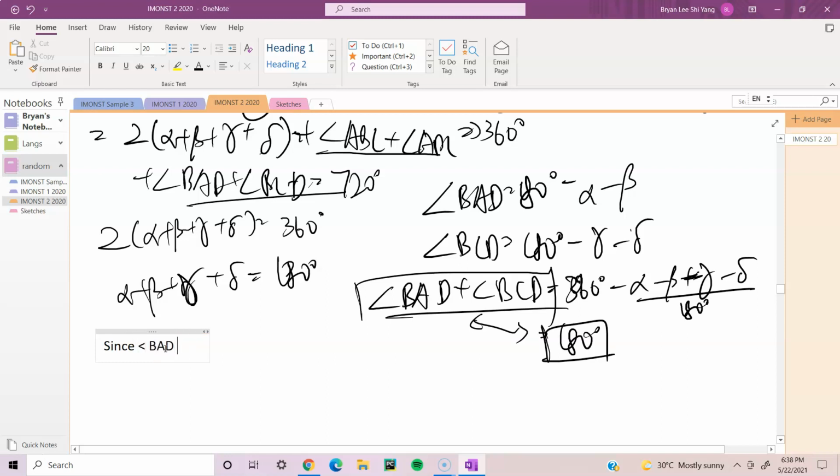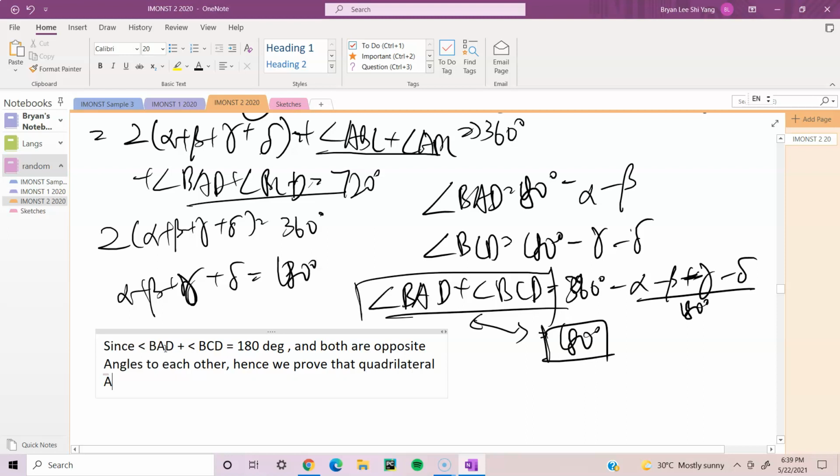Since angle BAD plus angle BCD equals 180 degrees, and both are opposite angles to each other, hence we prove that quadrilateral ABCD is cyclic, and we are done. So we just write our QED over here.